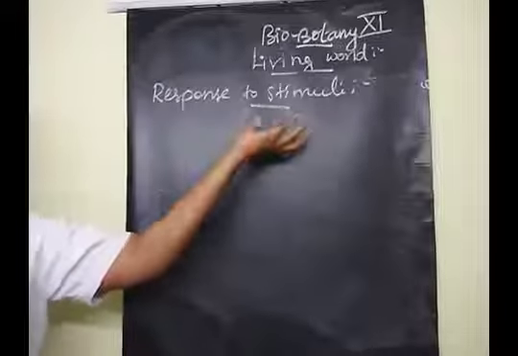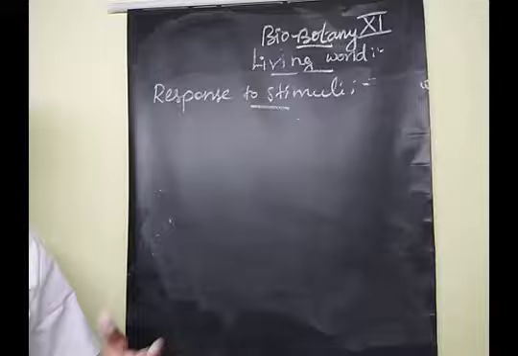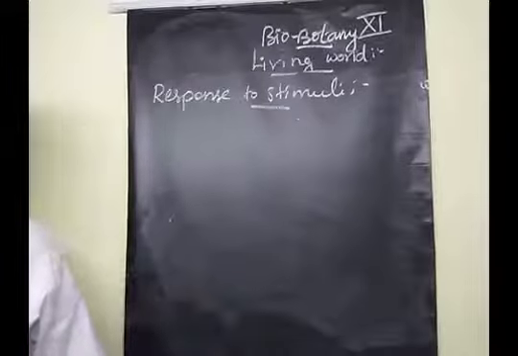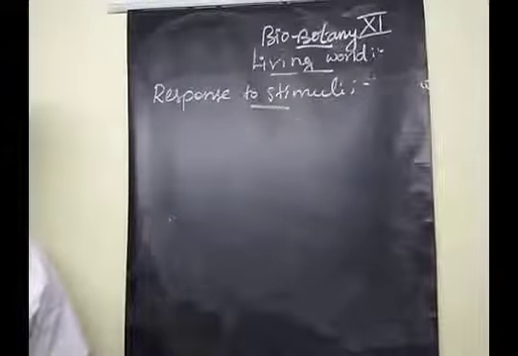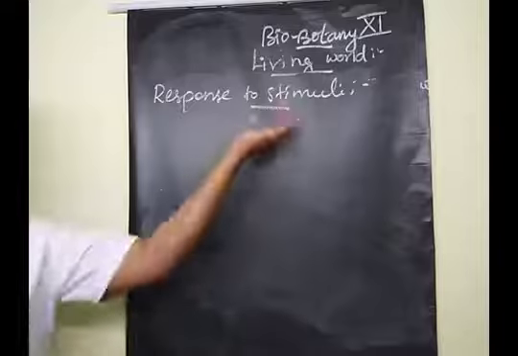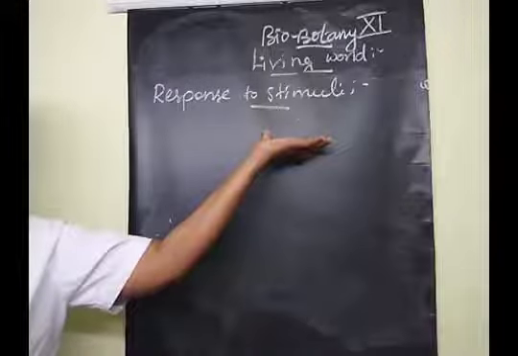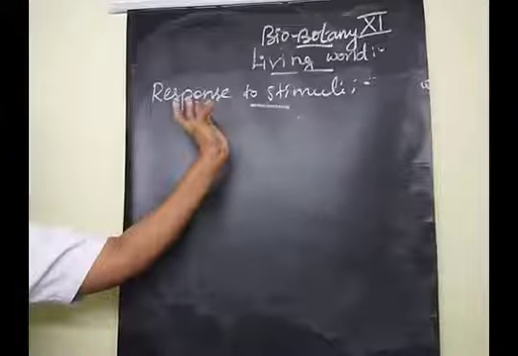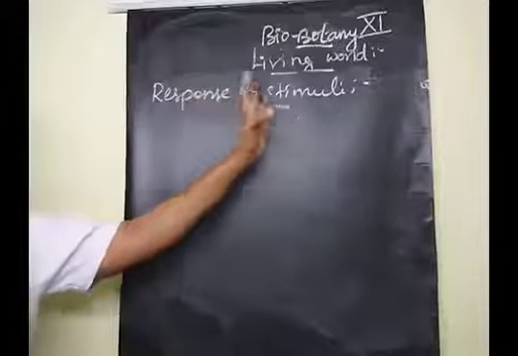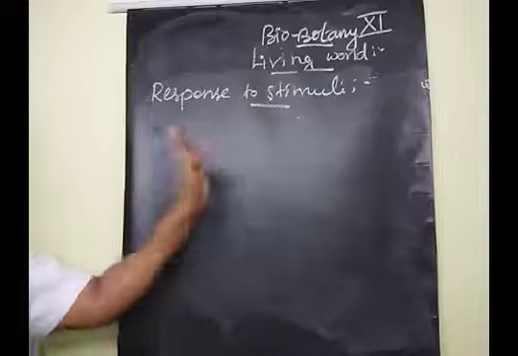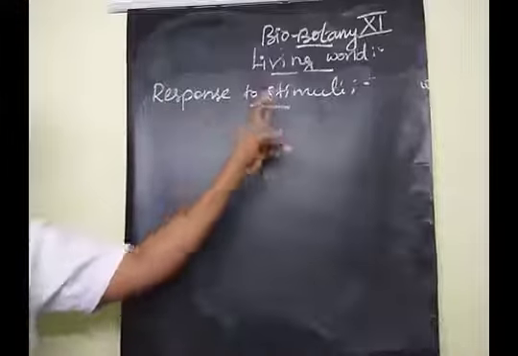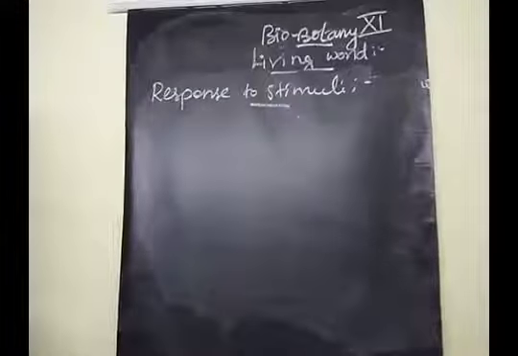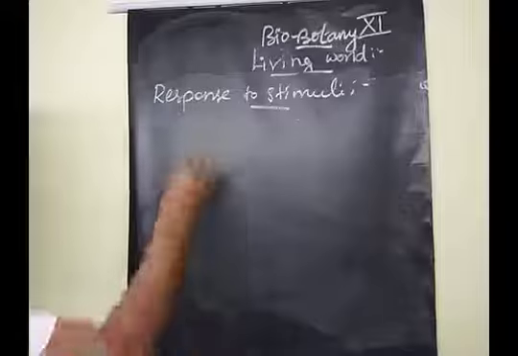The stimuli may be physical stimuli, chemical stimuli and biological stimuli. Clear? In this natural quality or attribute of living organisms, learn two terms, children.